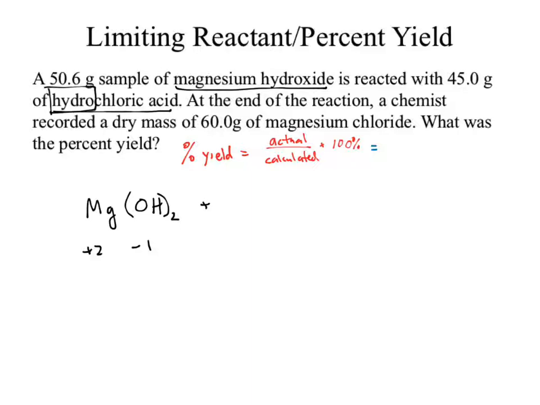Hydro is only used for binary acids, so I'm looking at hydrogen because it's an acid bonded to chlorine. The charge on hydrogen is a +1, the charge on chloride -1. Those charges are balanced, that's the correct formula.